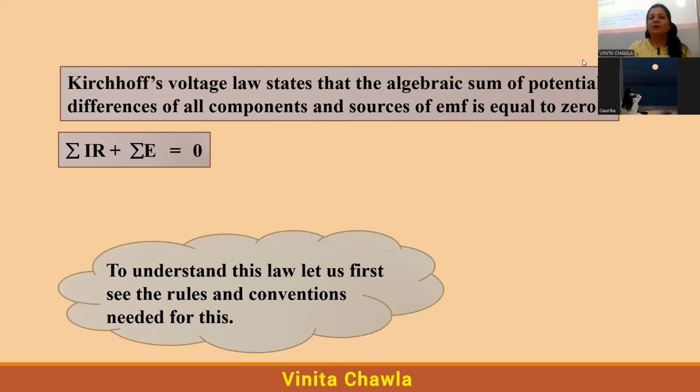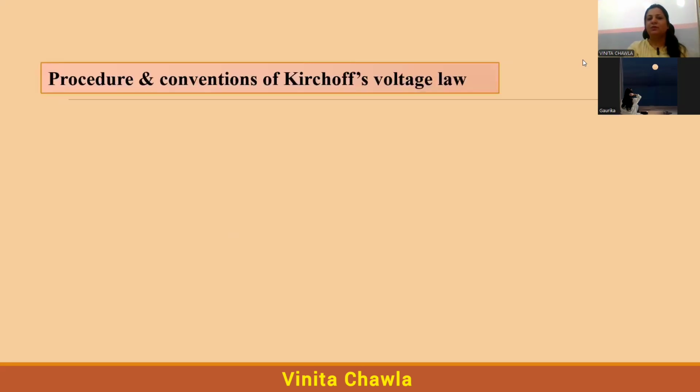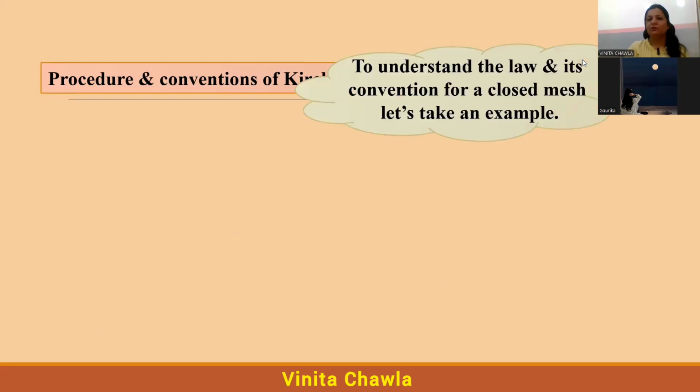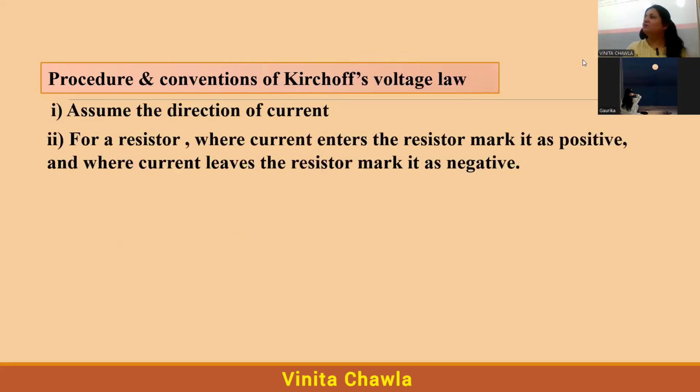To understand this law, let's first see the rules and conventions needed for it. So, the procedure and convention of Kirchhoff's voltage law. Let's consider a closed mesh. First, we assume the direction of current. Then for a resistor, where current enters the resistor, we mark that point as positive, and where current leaves the resistor, we mark that point as negative.